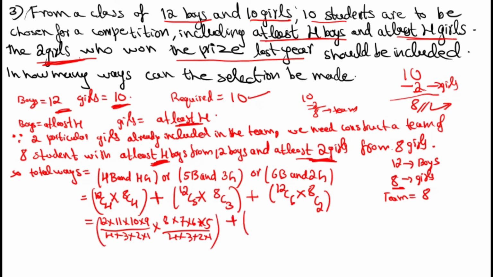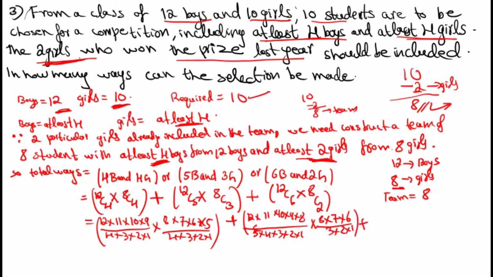Okay, 12C5 we can write it as 12 into 11 into 10 into 9 into 8, from the descending order, 5 numbers, right? 12, 11, 10, 9, 8 divided by 5 factorial, that is 5 into 4 into 3 into 2 into 1, into second sum 8C3. It is 8 into 7 into 6 divided by 3 into 2 into 1.